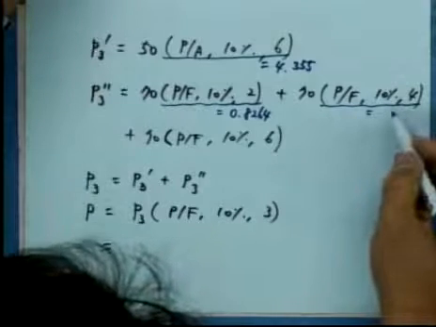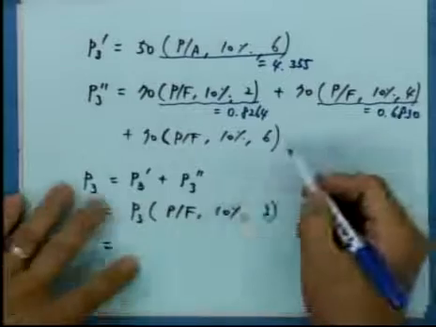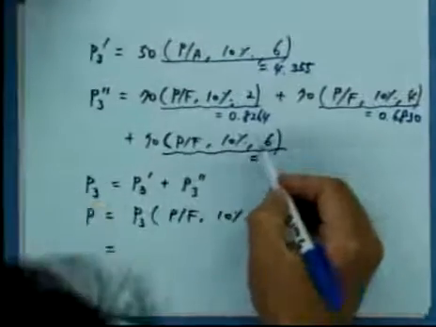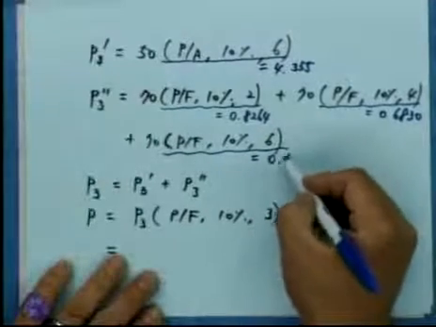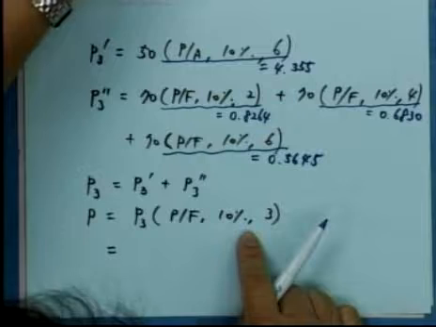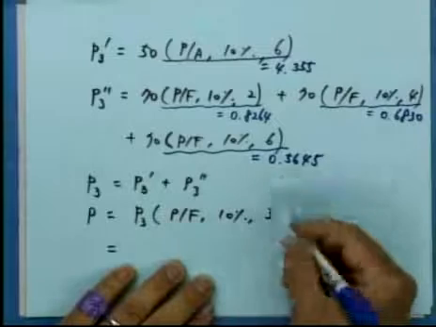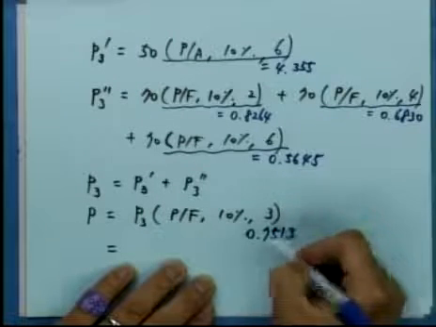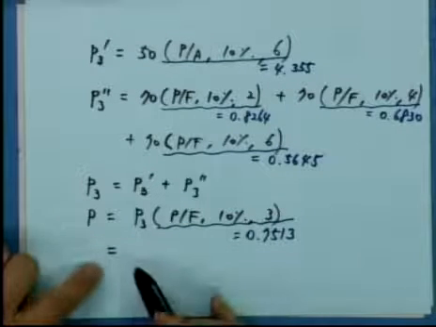P given F 0.6830. What about this? 0.5645. And what about this? P given F over 3 periods, 0.7513. Okay. Now you should be able to get the present sum of money, P, at the end of period 0.